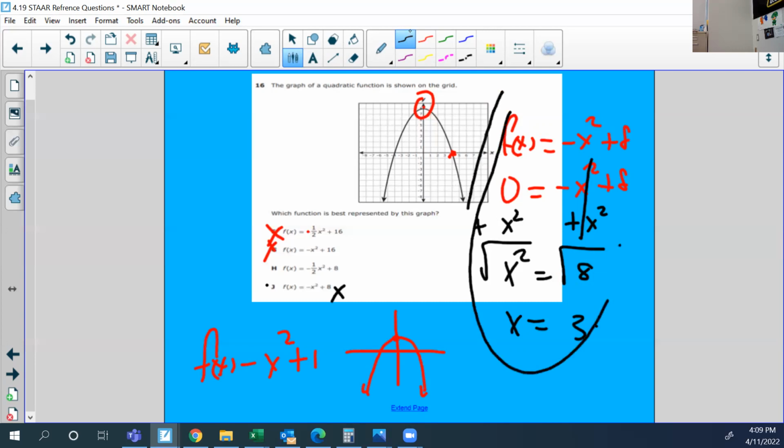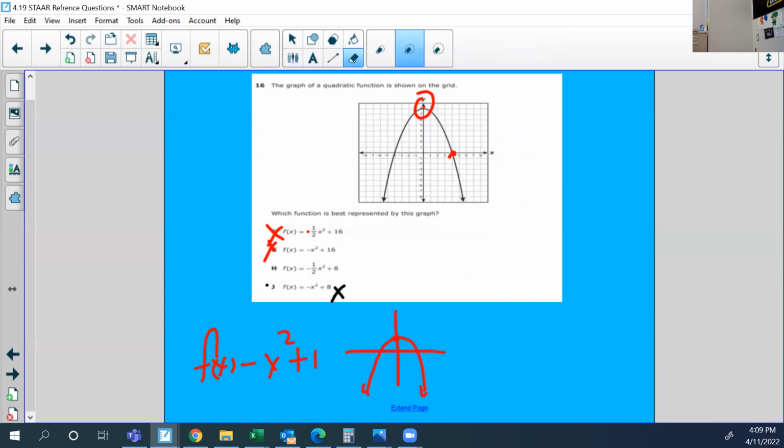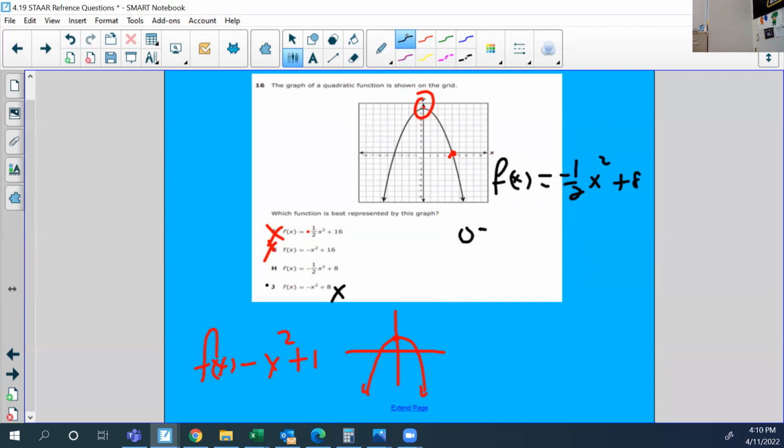Oh, come on, eraser. Again, where's my pen? So for H now, we have f of x equals minus 1/2 x squared plus 8. Again, we're going to set y equal to 0. So 0 equals negative 1/2 x squared plus 8.